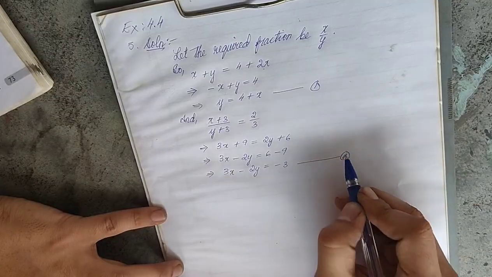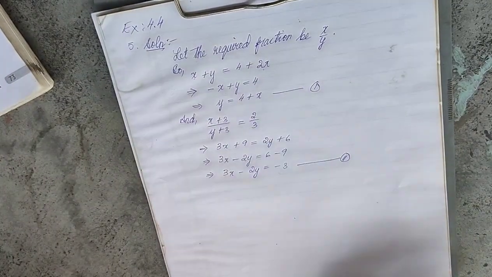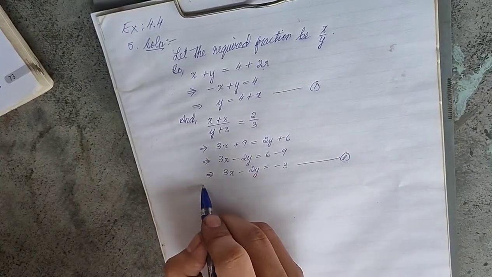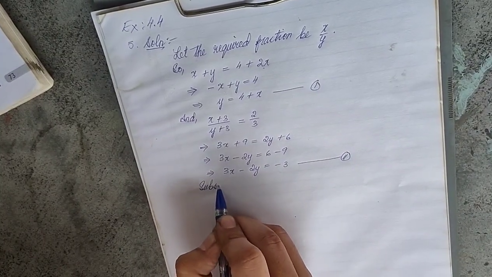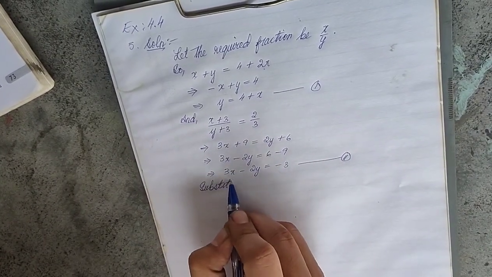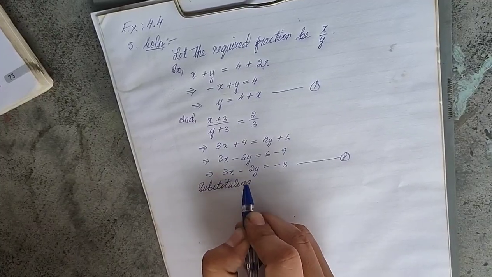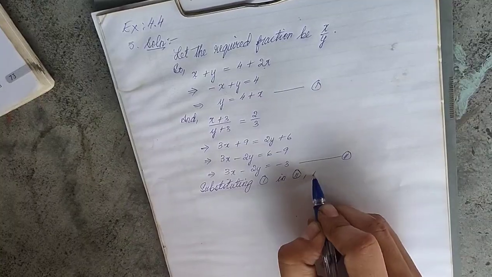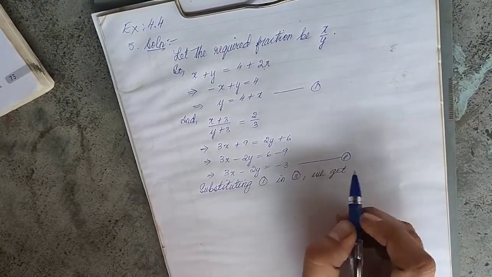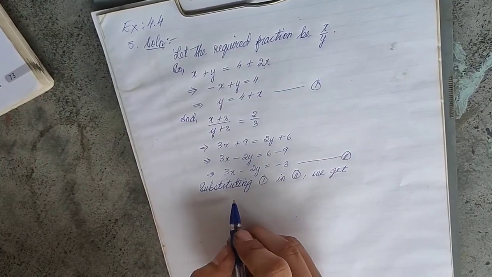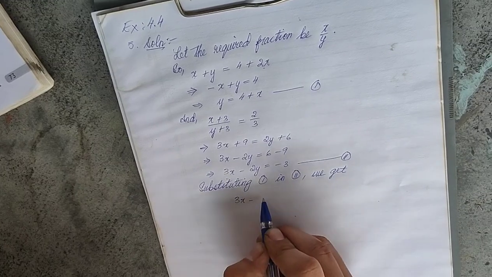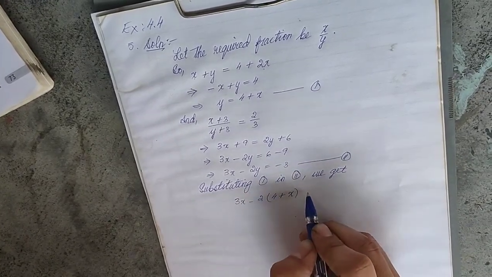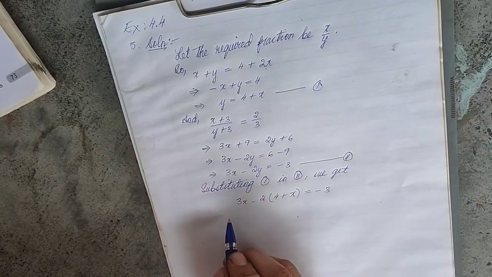Now we can substitute equation 1 in equation 2. We get 3x minus 2 into (4 plus x) equals minus 3.